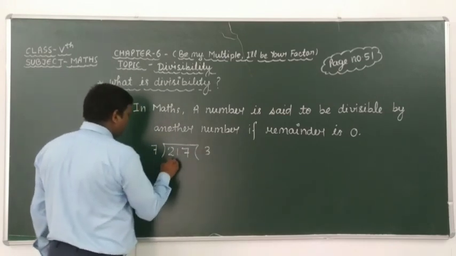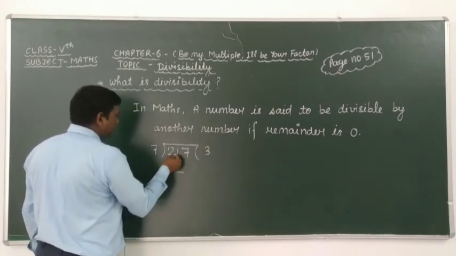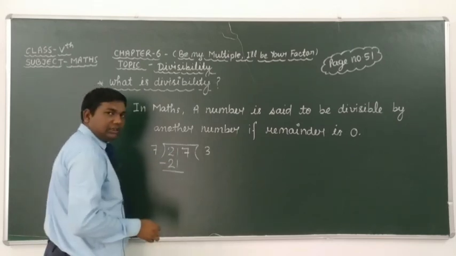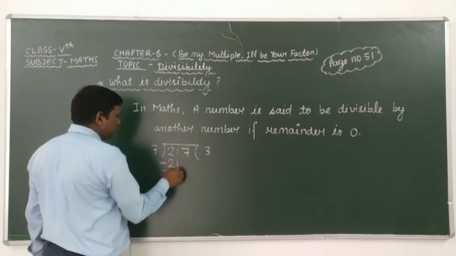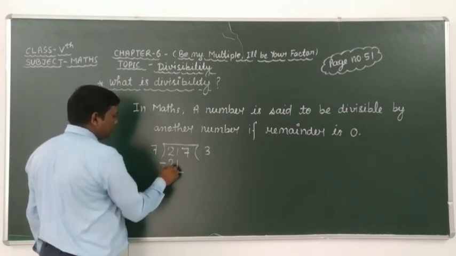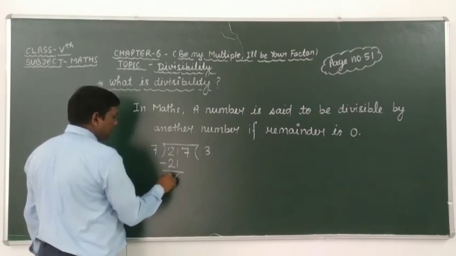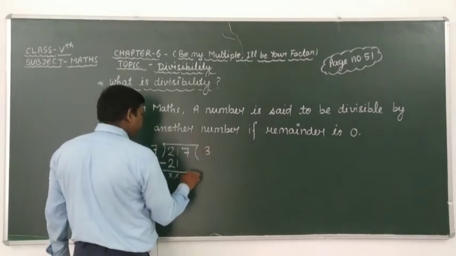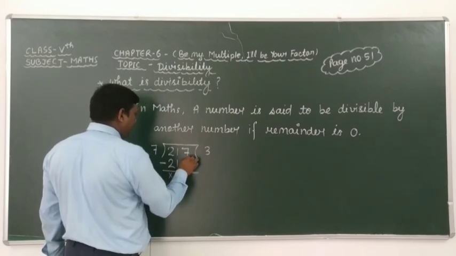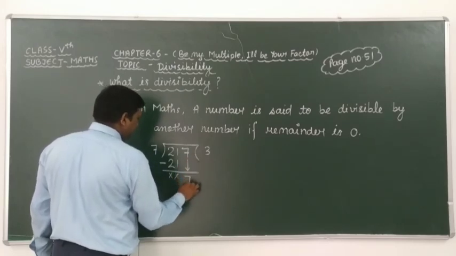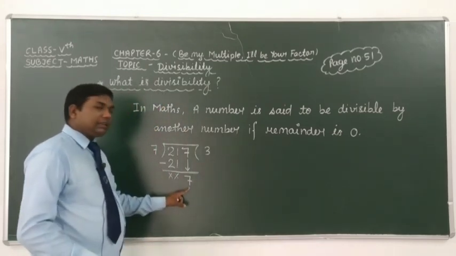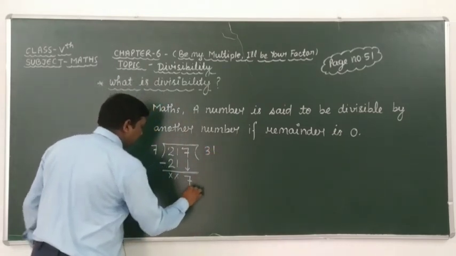7 3s are 21. Okay, after subtracting this, here we get 0 because 21 minus 21 is 0. 1 minus 1 is 0, 2 minus 2 is 0. It means that here we can write cancel marks. Again here we have to take 7 as same in this place. Okay students, 7 1s are 7.